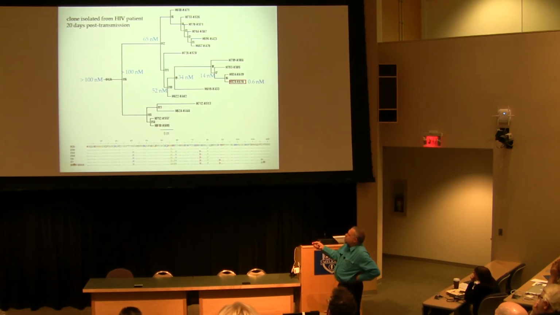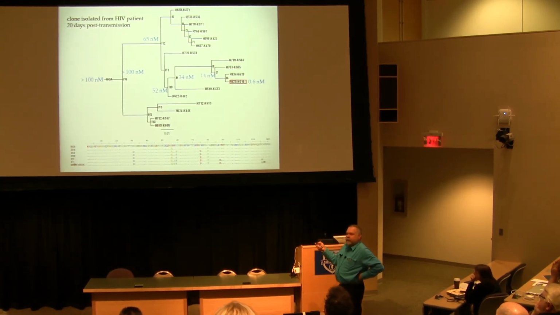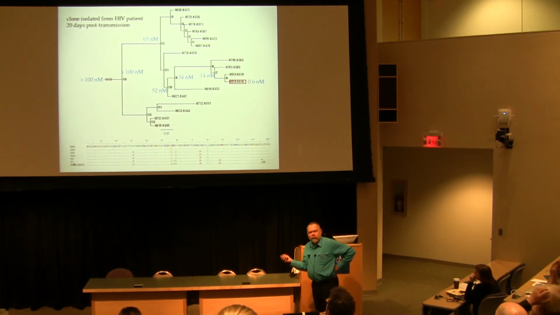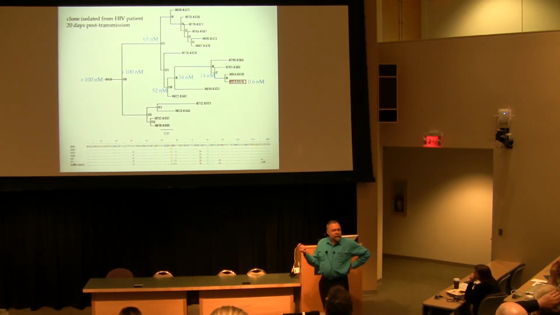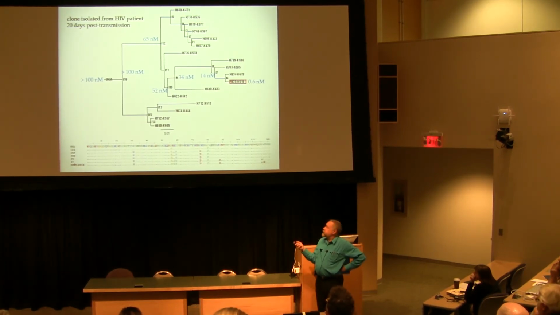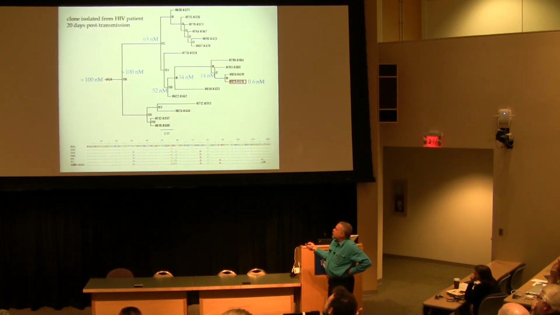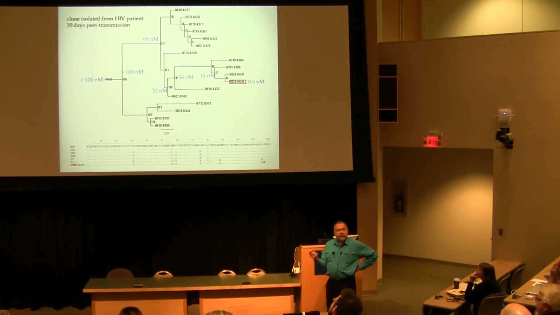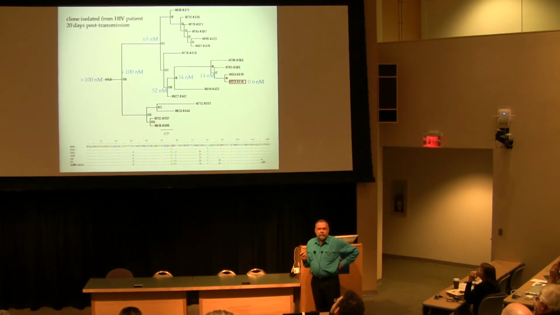100 micromolar. Now, what's significant about that is that 100 micromolar is very likely not capable of activating a B cell. So it suggests that the original antigen, the antigen that caused the activation of the ancestor and its proliferation, is not HIV. It's probably something else.